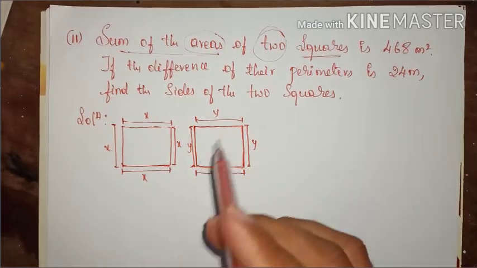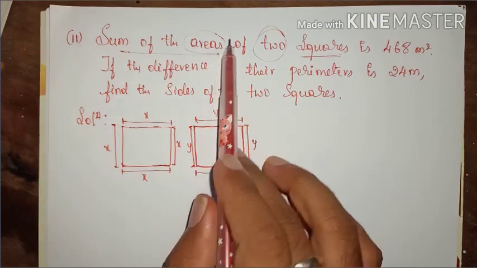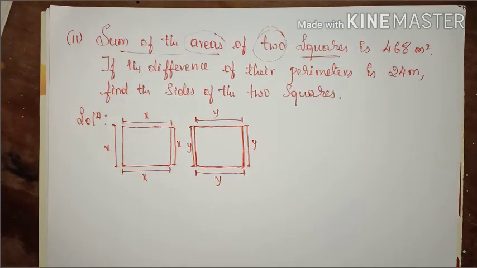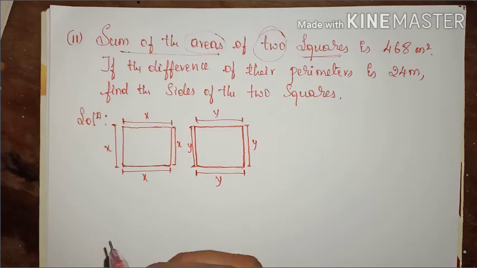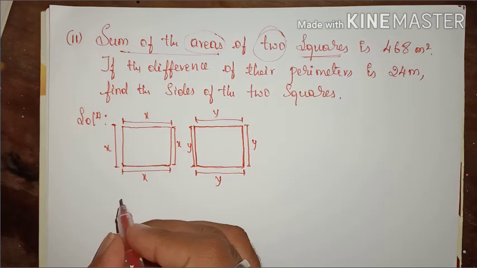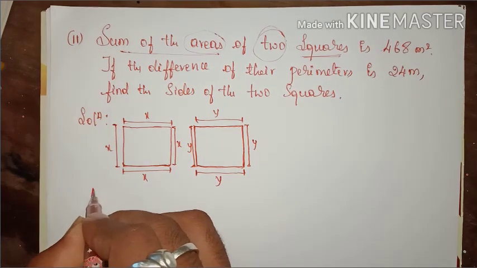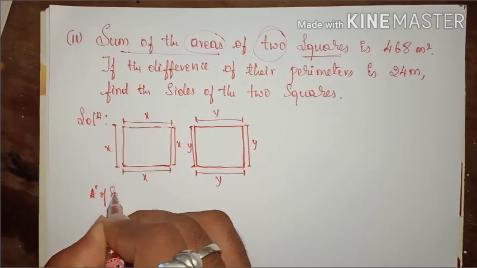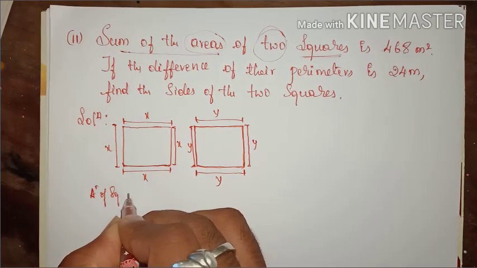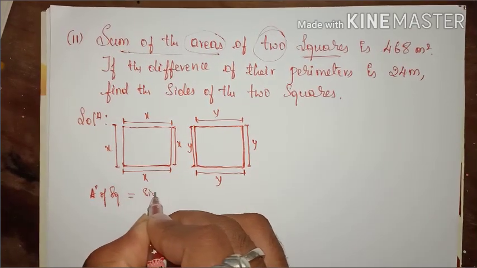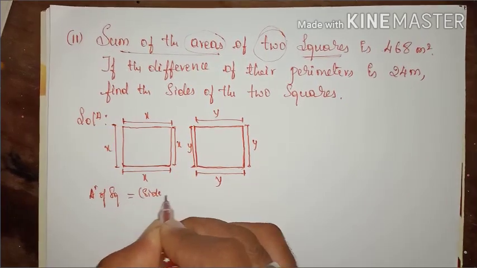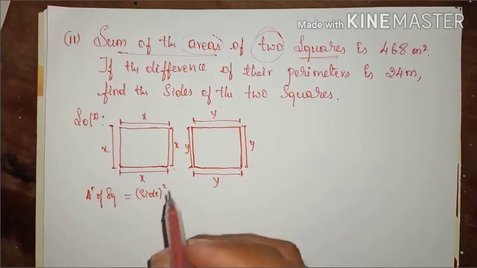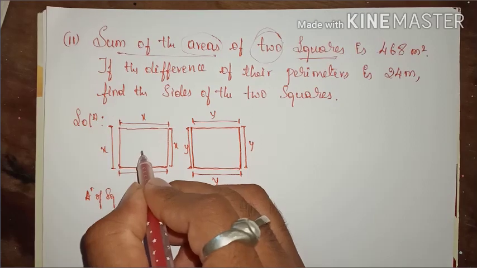Now the sum of areas. The sum of areas of two squares. What is the formula to calculate the area of a square? Area of a square is nothing but side square. So what is the area of the first square?